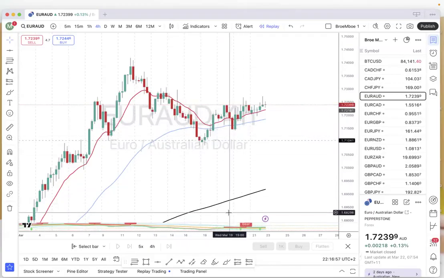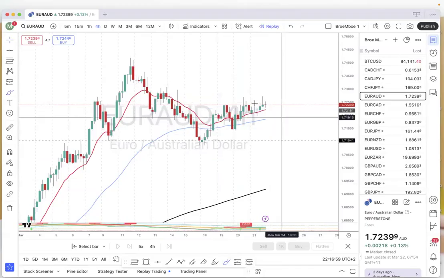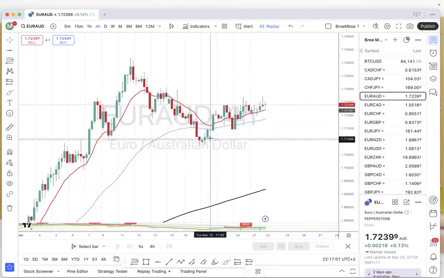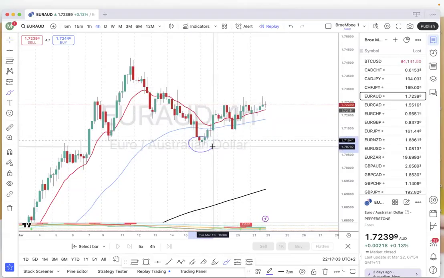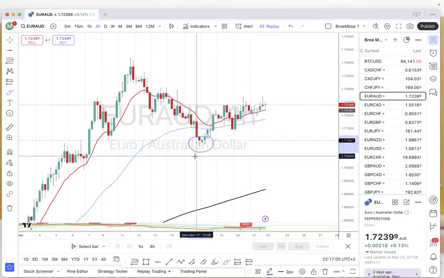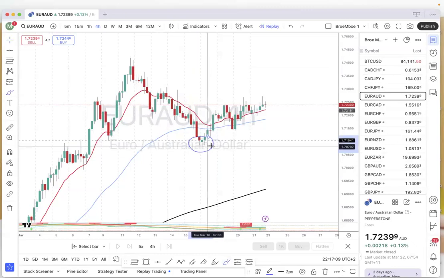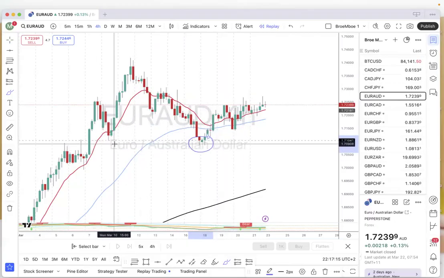And you also use your judgment as well. I'm not saying this is still a buy, but you can tell how they reacted when they got to that point right there. Yes, they did throw wicks, which shows there is a break of that confirmed low, which is fair enough.